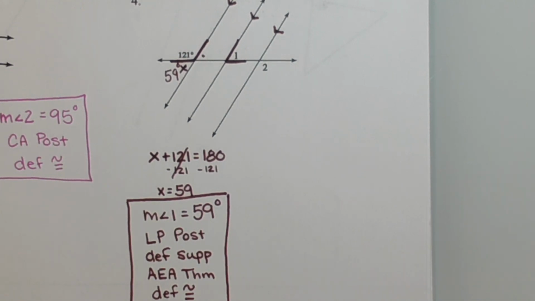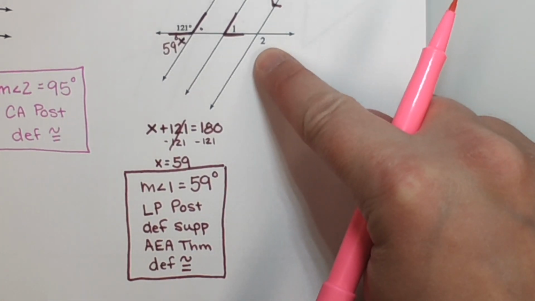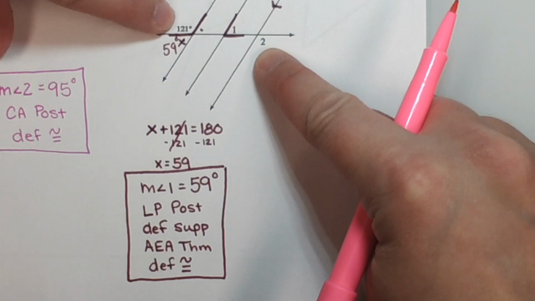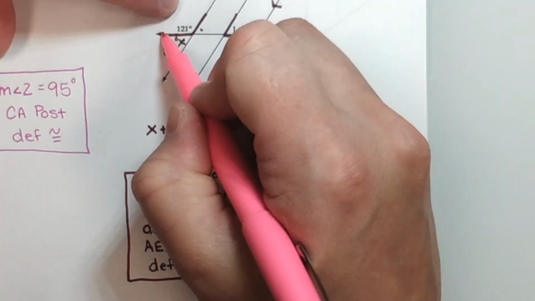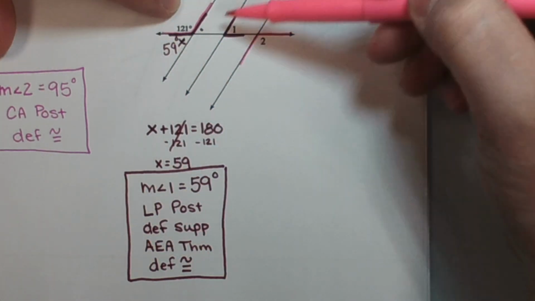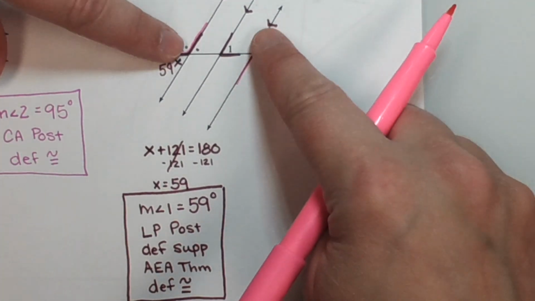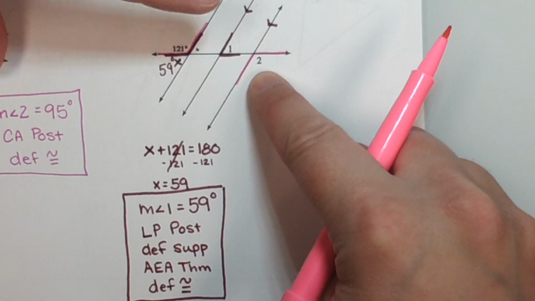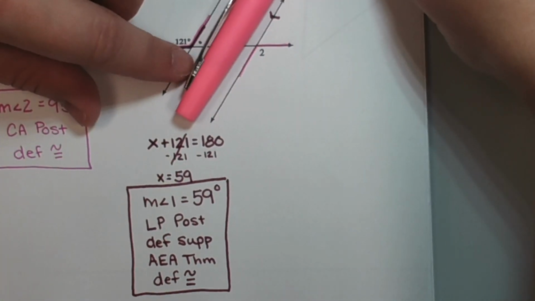Okay, final problem. Looking for the measure of angle 2. So these two now, this angle and this angle, are not using this middle line. So I'm going to ignore that middle line. They're on opposite sides of the transversal, both exterior, because this middle line is telling me nothing.